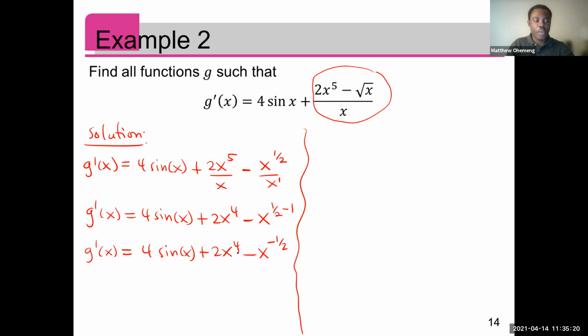Okay, now when I get here, the G prime is simplified in a form that I can easily get the antiderivative for, right? So let me walk through and get the G of x. Now for the other notation that I was talking about for antiderivatives, for here, I'll be using uppercase, do you see? Because the function here is expressed as G prime. So I know that the antiderivative is just G of x.